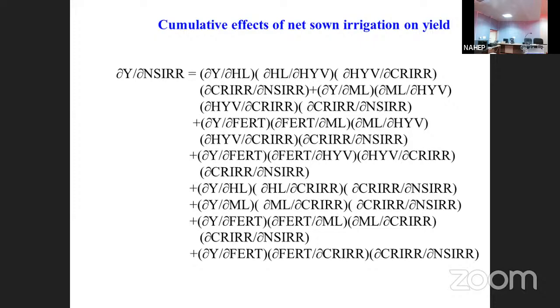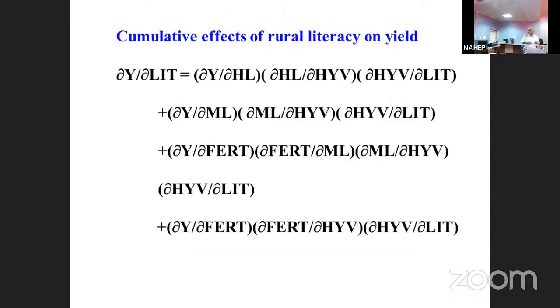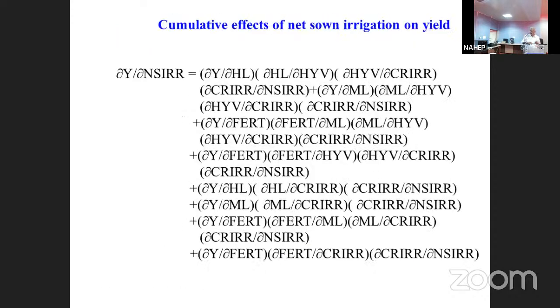This is one process. Then crop area also influences the machine labor, and machine labor affects the yield, and that is the machine effect.